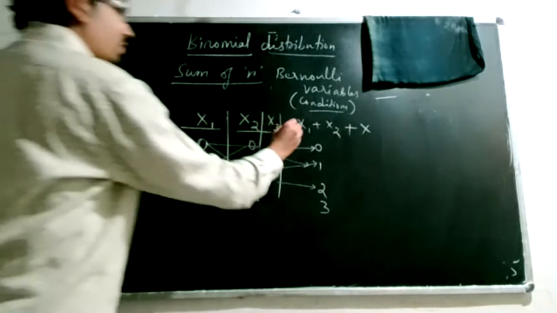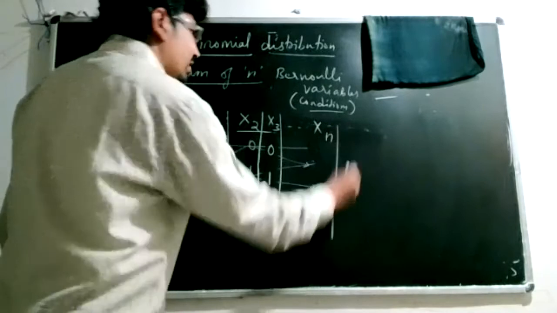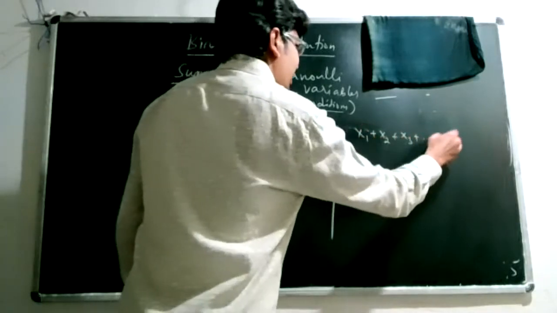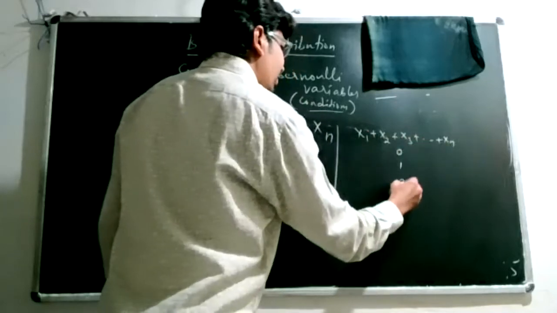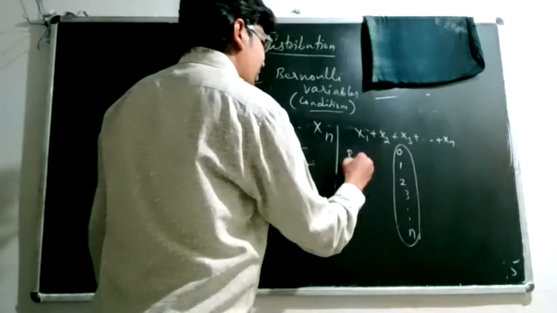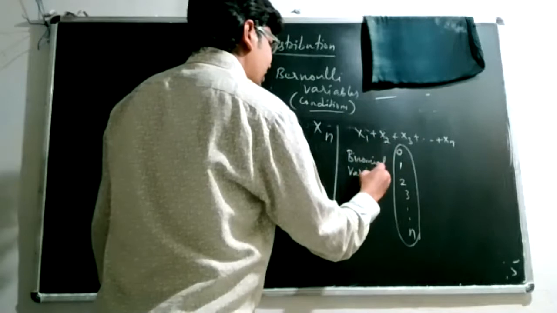Similarly, if you consider n such variables, x1, x2, x3, up to xn, then the sum x1 plus x2 plus x3 and so on up to xn will take values 0, 1, 2, 3, up to n, and these are called the binomial variable values.